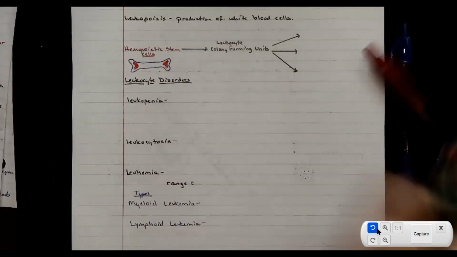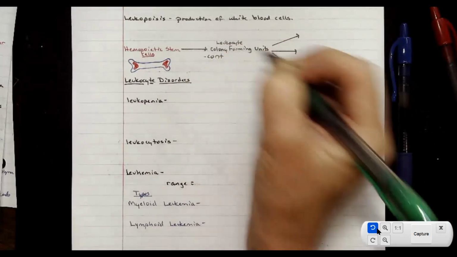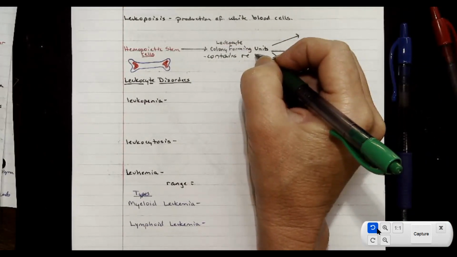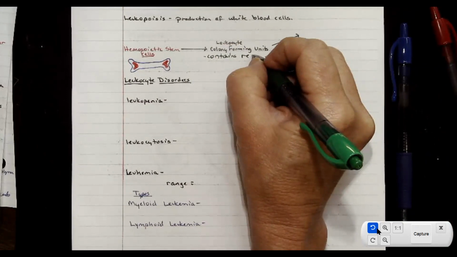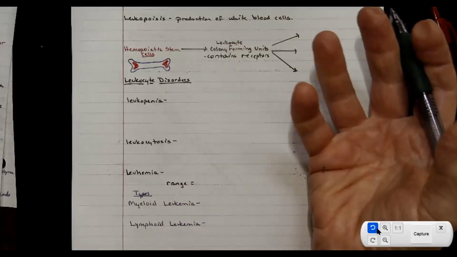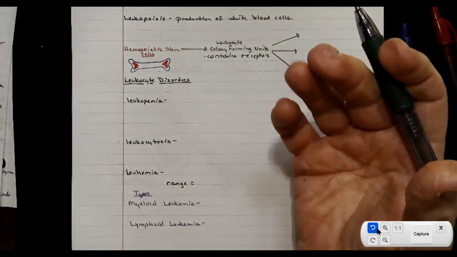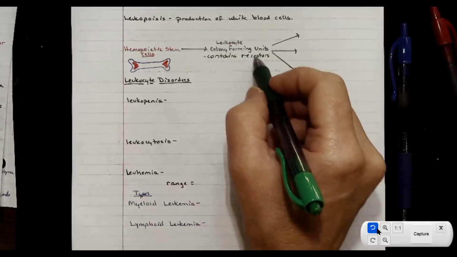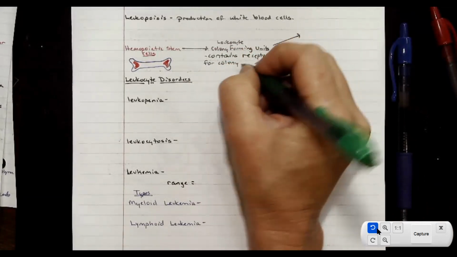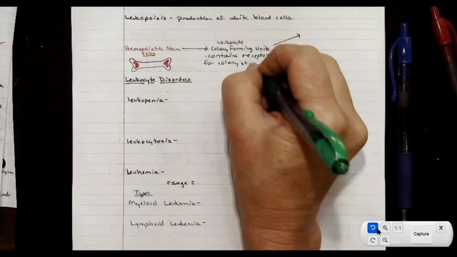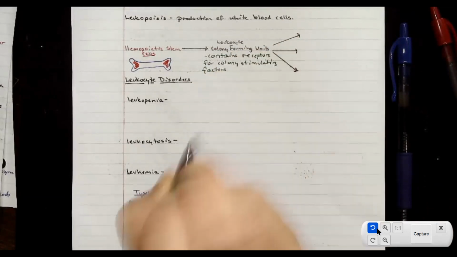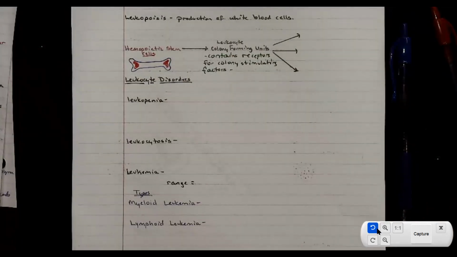Let me get my different pen. This contains receptors for stuff that's like EPO to stimulate it. There's not a specific name, but just know that it contains receptors for colony stimulating factors. And these factors actually come from neutrophils and macrophages.